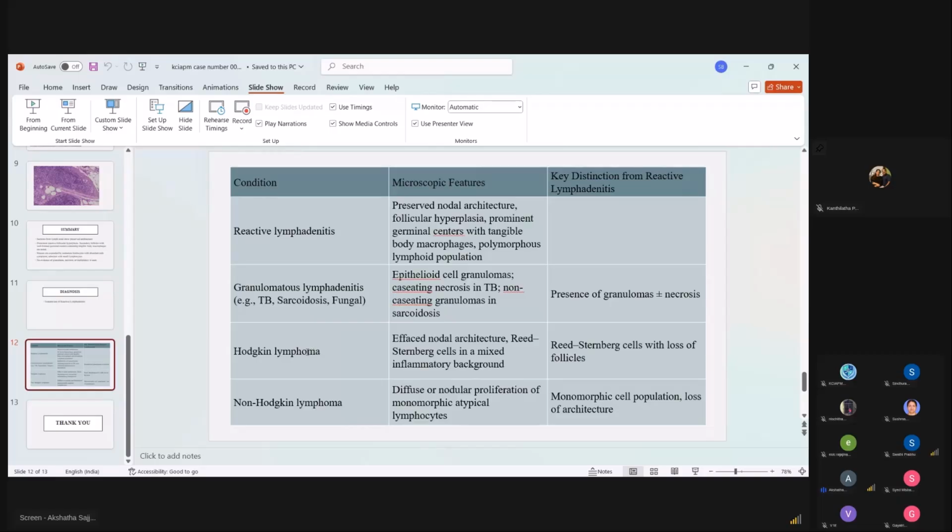It can also be Hodgkin's lymphoma, where the lymph node architecture is effaced, and we can see Reed-Sternberg cells with a mixed inflammatory background. But in non-Hodgkin's lymphoma, we can see diffuse or nodular proliferation of monomorphic atypical lymphocytes, which is a differentiating feature from reactive lymphocytes. So the final diagnosis is reactive lymphadenitis.